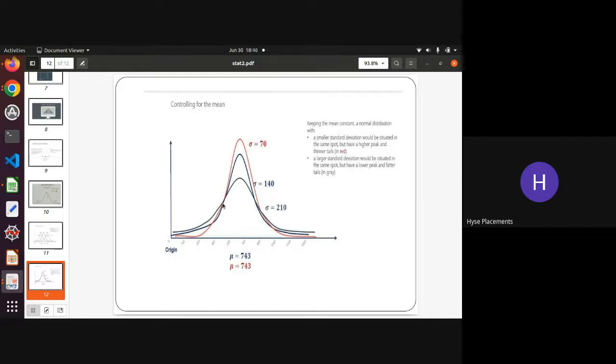Keeping the mean constant, a normal distribution with a smaller standard deviation would be situated in the same spot, but have a higher peak and thinner tails, in red. A larger standard deviation would be situated in the same spot, but have a lower peak and fatter tails, in gray. So the larger the standard deviation, the more the spread of data points, right? That's what we need to take from these graphs.